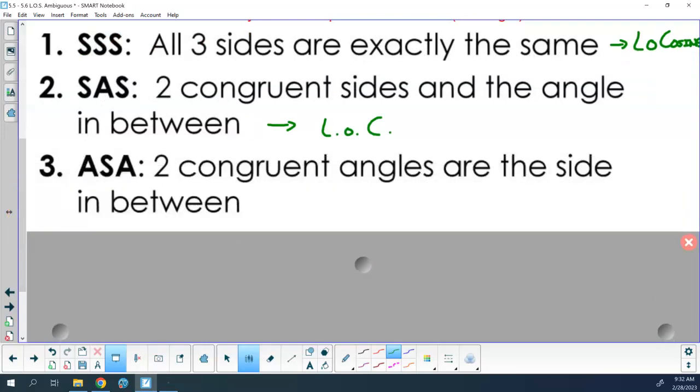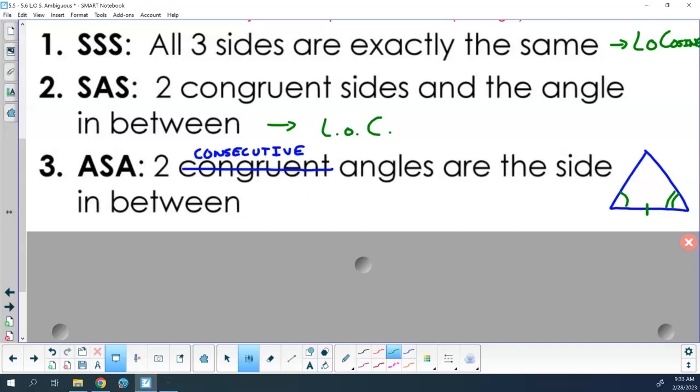Now, this one is a law of sines case. And so for us, instead of saying 2 congruent, we're going to say 2 consecutive. So if you have 2 consecutive angles and the side in between, what I'm talking about here is you've got this angle, you've got that angle, and you've got this side right there.